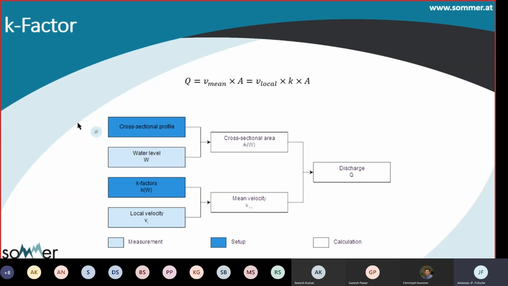In our model, our K factors and our cross-sectional profile are defined, and our RQ30 instrument measures the water level and the local velocity. And from these four parameters, we can calculate the discharge of our river or channel.